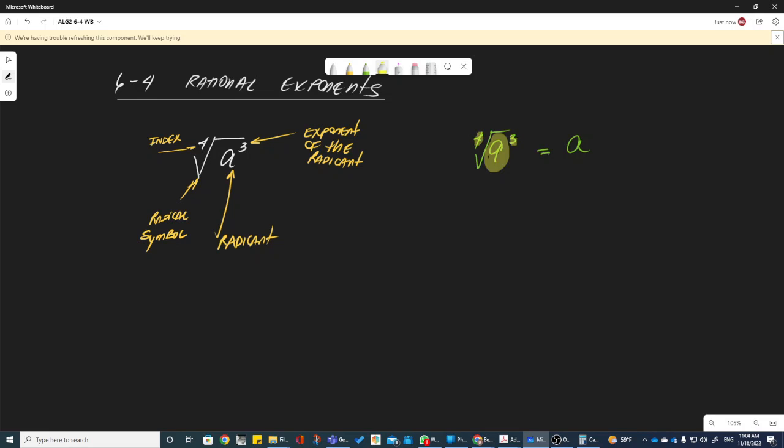Take that one and this one and you combine them into a fraction. So you're gonna build a fraction, and the number that goes on the bottom is the index. This number becomes the denominator.